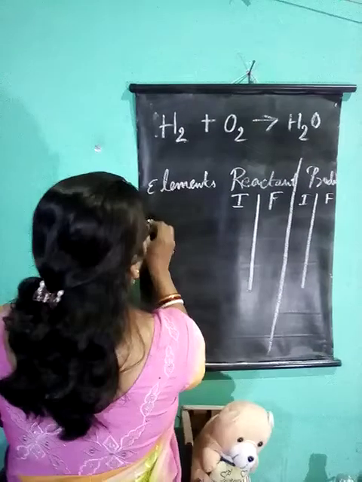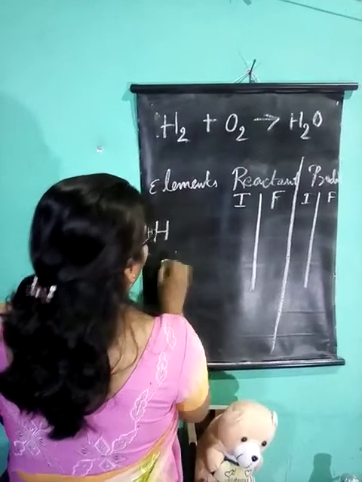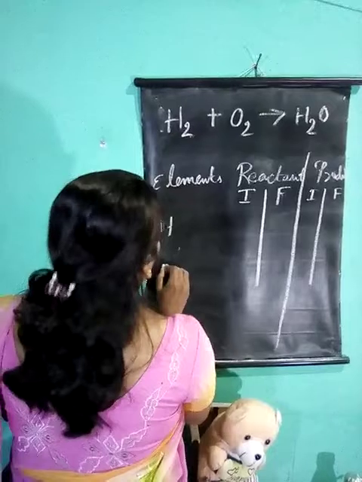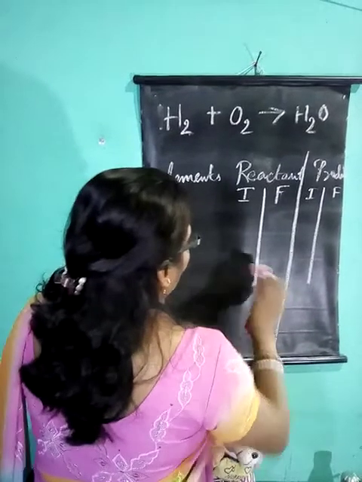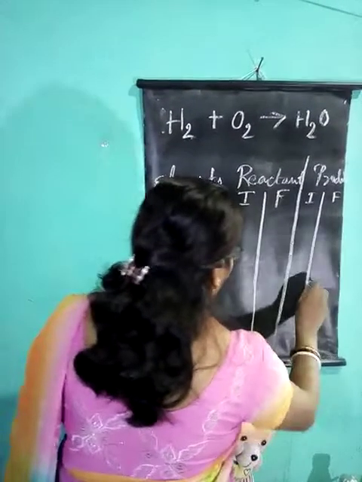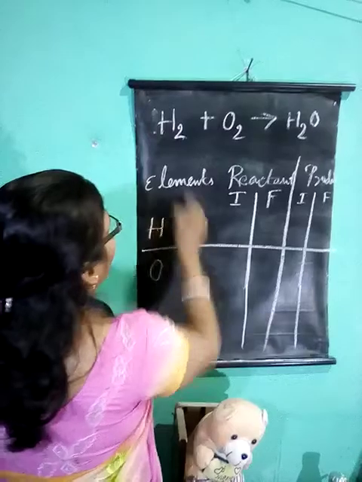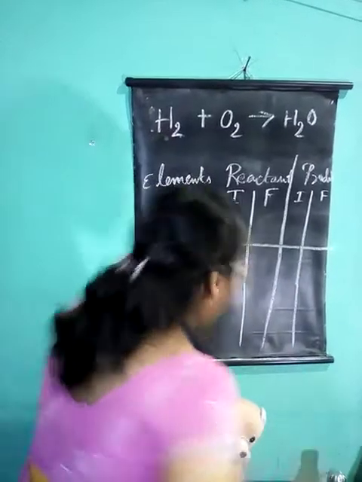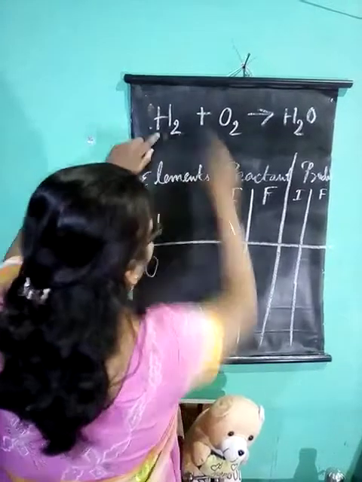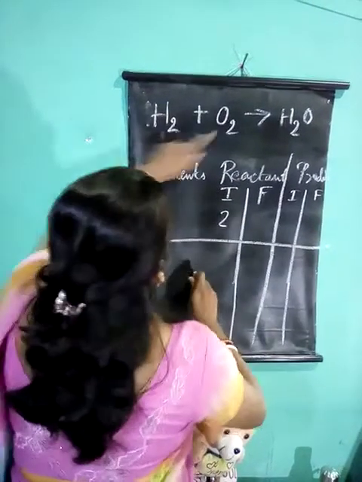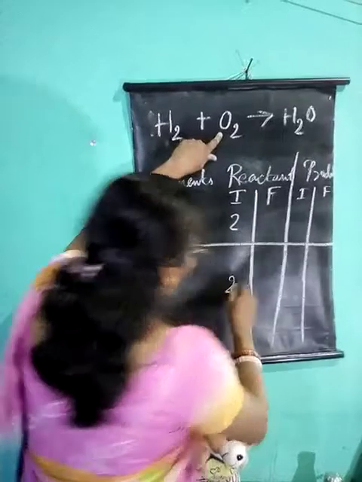Now the first element is hydrogen and the second element is oxygen. Hydrogen initially in the reactants, how many atoms? 2 atoms. Oxygen in the reactants, how many atoms? 2 atoms.